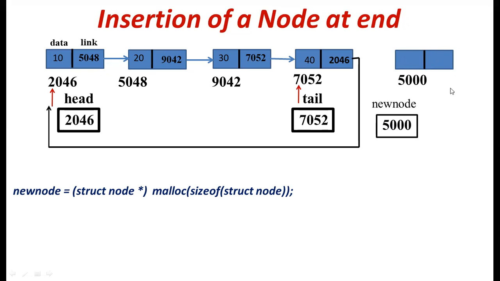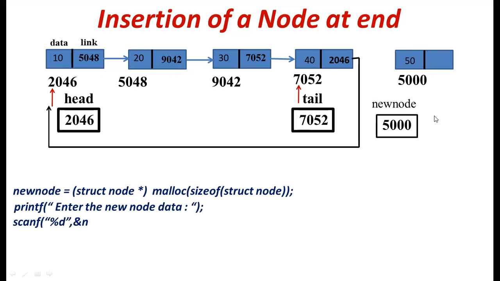We have created the new node, and now we need to assign the values. By using the scanf function, we can insert the data into the new node: scanf %d, ampersand new node to data. Whatever value you enter, say we have entered 50, it will be stored here.